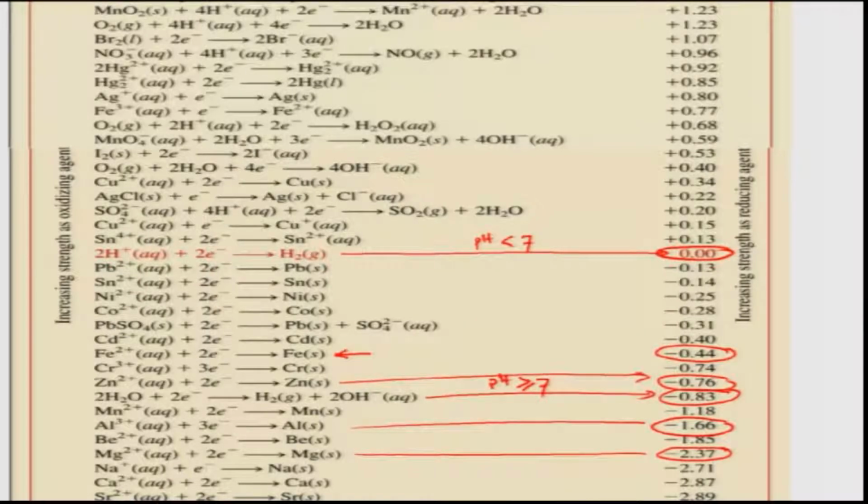You might come across that magnesium is a very popular sacrificial anode. Even zinc is also used as a very popular sacrificial anode.